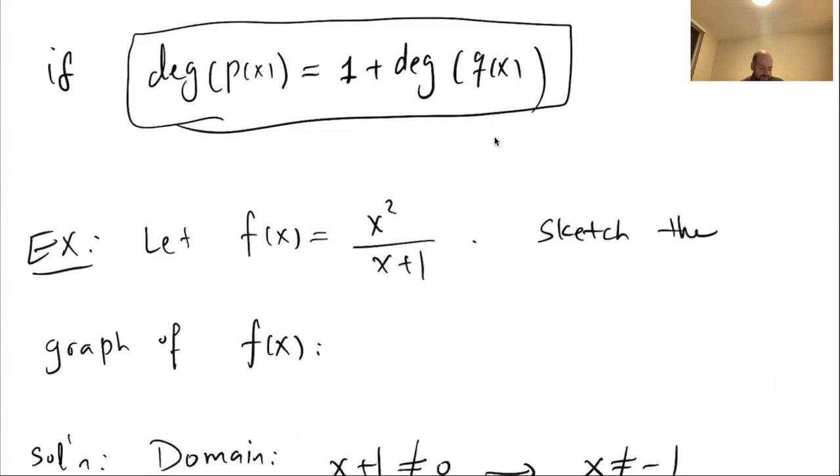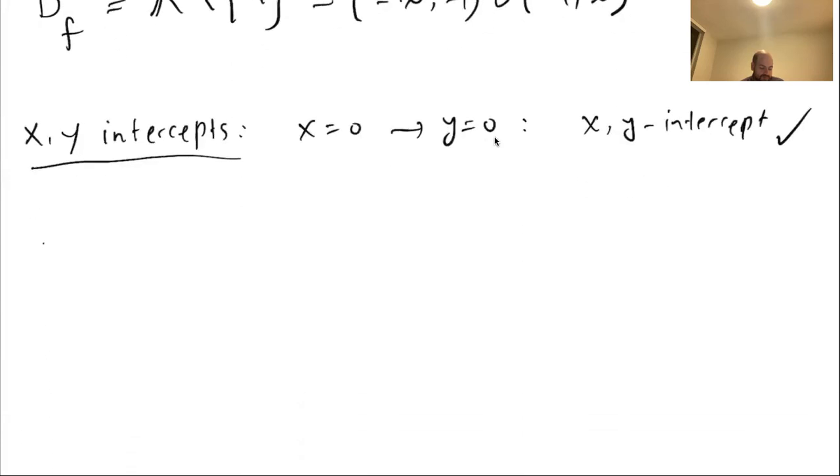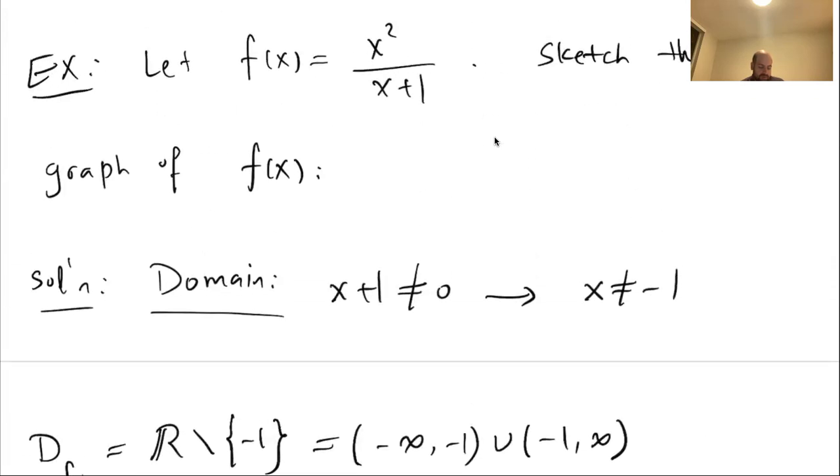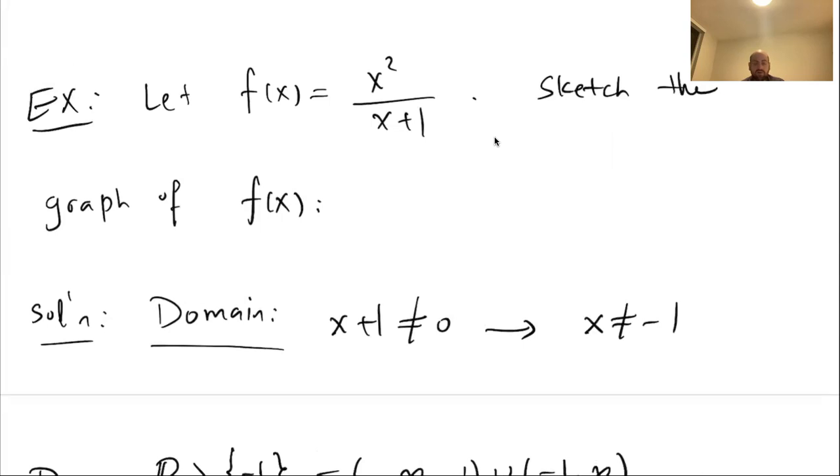And what else? Symmetry. We don't have it, because if I change x to minus x, first of all, y will be changed because the numerator will not change, but the denominator changes. So the whole function changes. And also we will not have y changing to minus y, right?